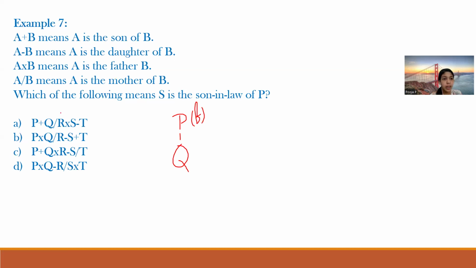And Q by R means Q is the mother of R. Next, R minus S: R is the daughter of S. So S is supposed to be the father, and R the daughter in this case.